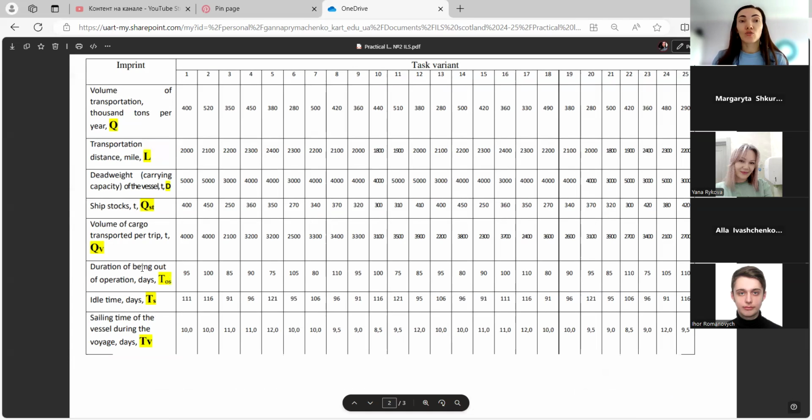It is the duration of being out of operation in days, T with index OS. If you have the first variant, it is 95. If you have the second variant, it is 100 and so on. Please find your means and write is equal to and decide it. This parameter is in days. How many days?